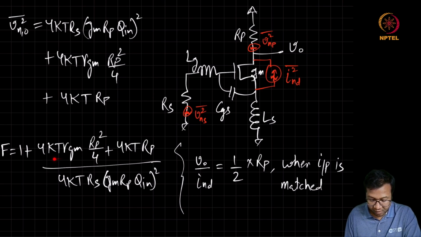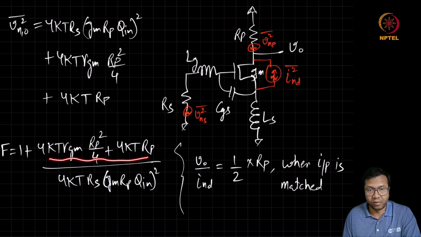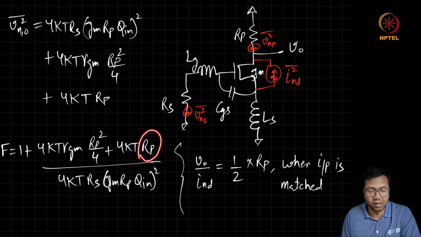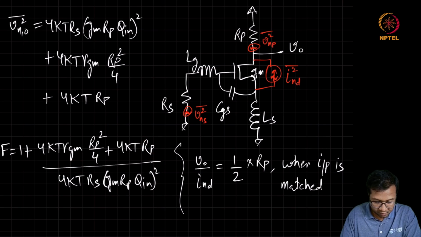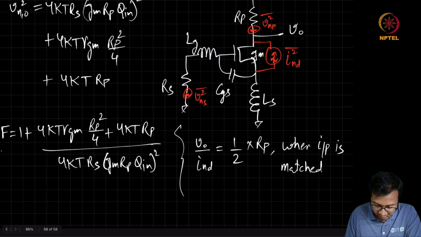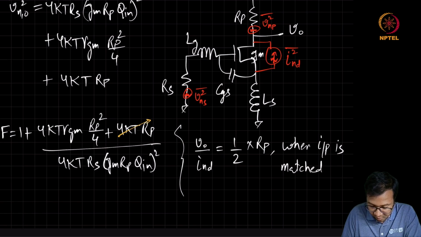Here already we can see that in the numerator, if you compare these two terms, this is going to be much higher compared to the noise due to the RP because of the extra gain. We can ignore it for now.